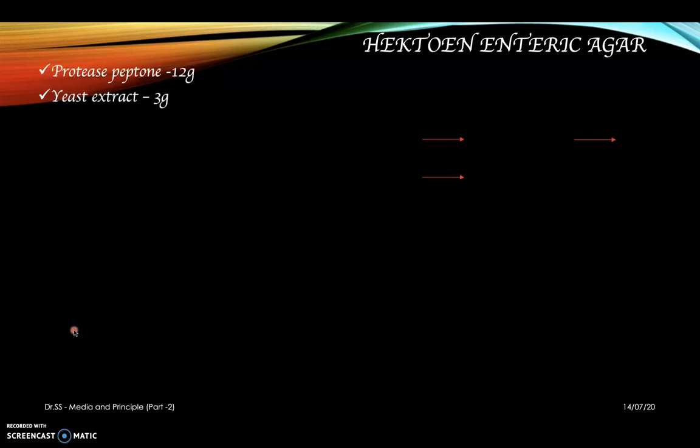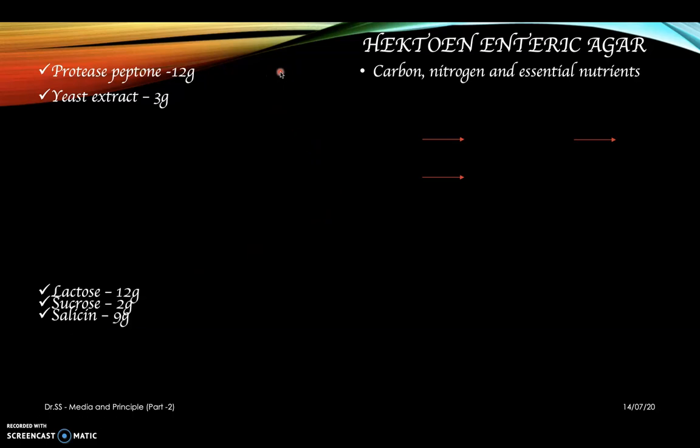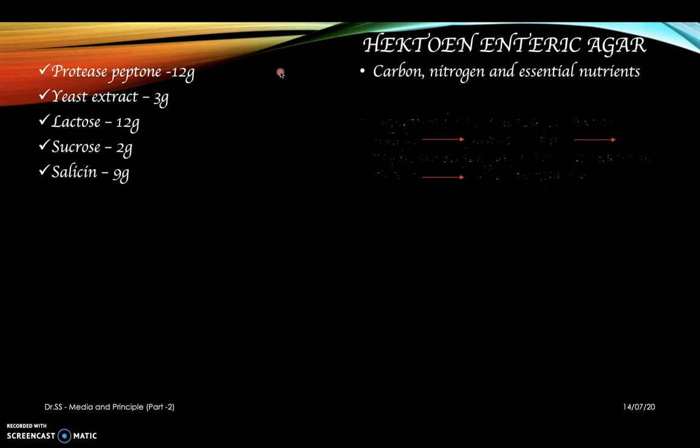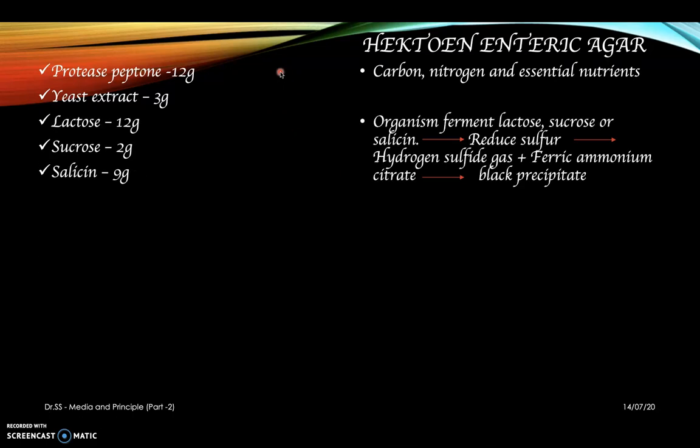So coming to the composition, it possesses the protease peptone and yeast extract, which provide the carbon, nitrogen and the essential nutrients for the organisms, and lactose, sucrose, salicin. These three are fermented by the organisms, which reduce the sulfur, and reduction of sulfur leads to the formation of hydrogen sulfide gas.